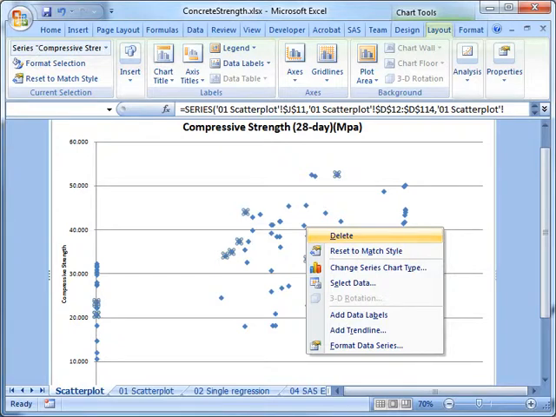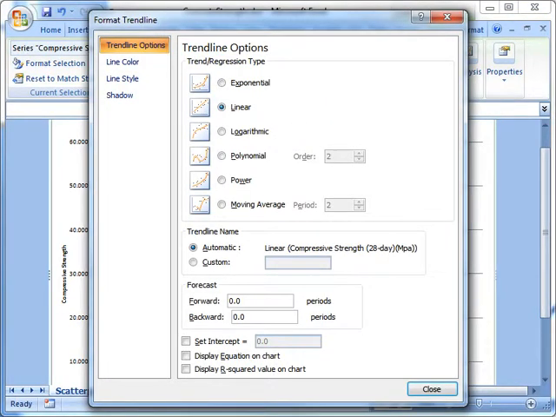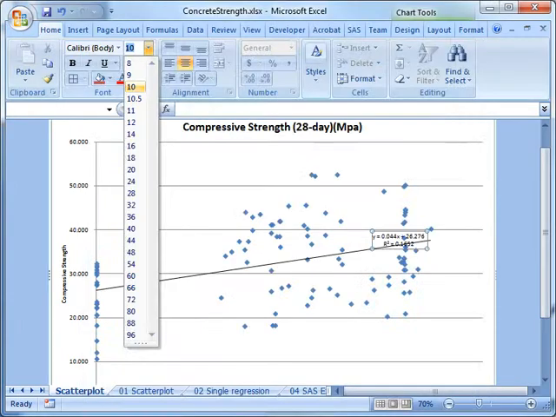Excel has a feature that allows you to create a very quick and easy regression line on your data points once you've created a scatter plot. All you do is right click on your data points and look for add a trend line. If I click on that, the first thing you'll see is there are quite a few choices, a lot of different types of trend lines. Some are linear and some, especially the polynomial, are decidedly nonlinear.